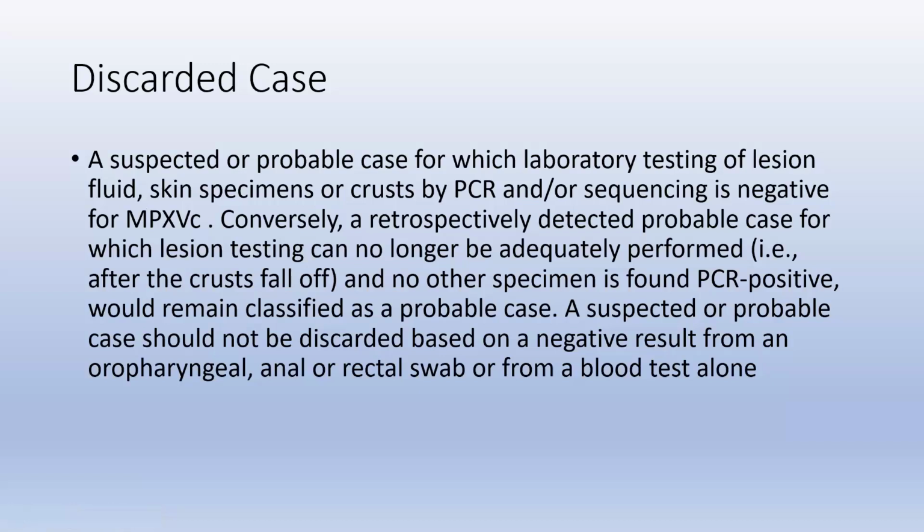Who is a discarded case? This is a suspected or probable case for which laboratory testing of a lesion or skin specimen, or a first PCR, is negative for Mpox.